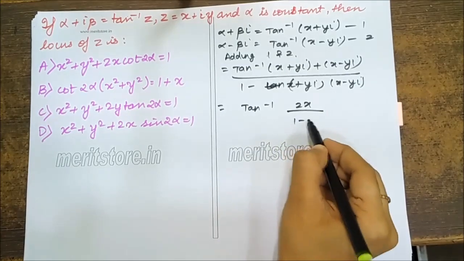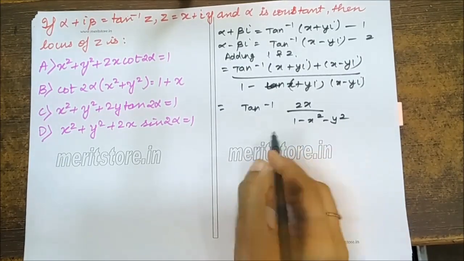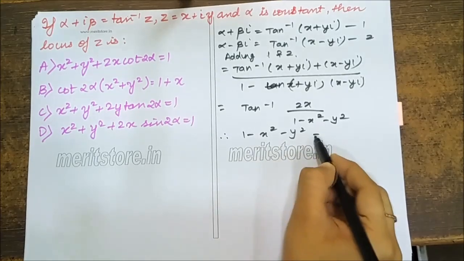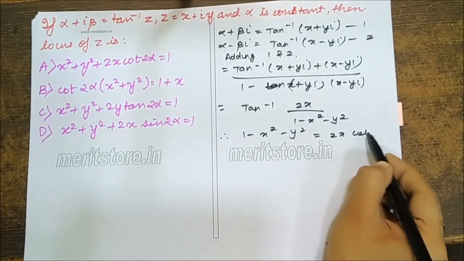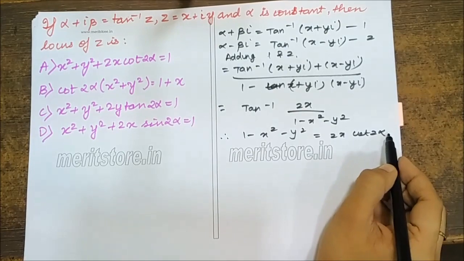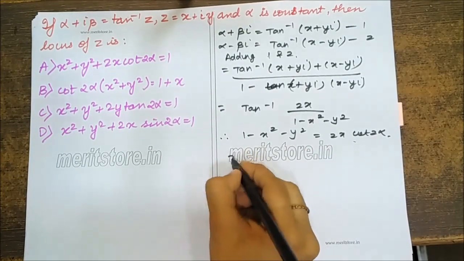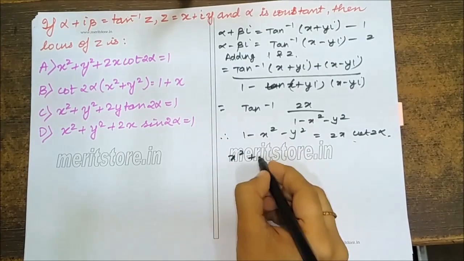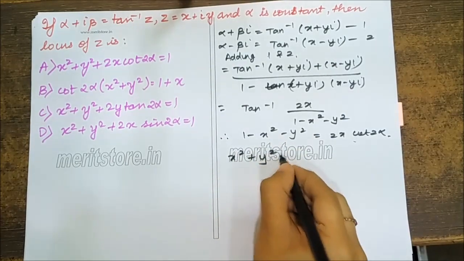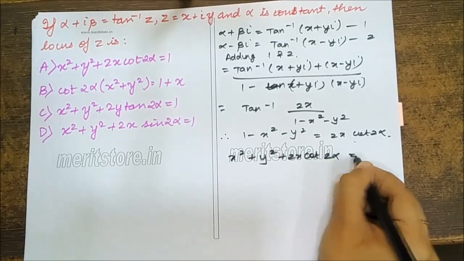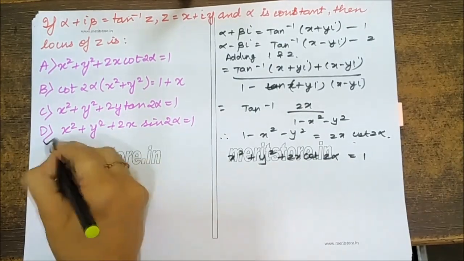Two x upon 1 minus x square minus y square. So therefore 1 minus x square minus y square is equal to 2x cot 2 alpha. So what you get is x square plus y square plus 2x cot 2 alpha is equal to 1. The answer is B.